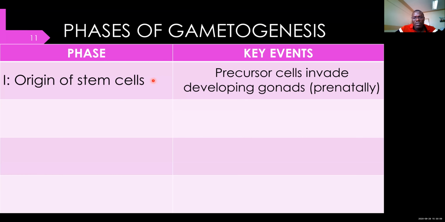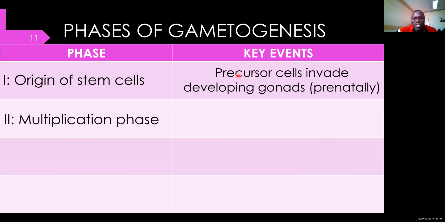After those cells have come from wherever they come from and invaded the developing gonads, the next agenda is to make these cells increase in number significantly. Now, let's assume that those cells were about 1,000, which invaded the developing testis or the ovary.